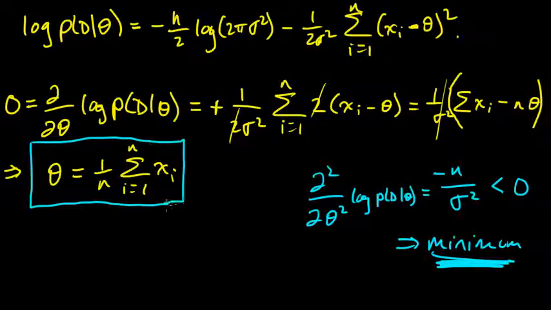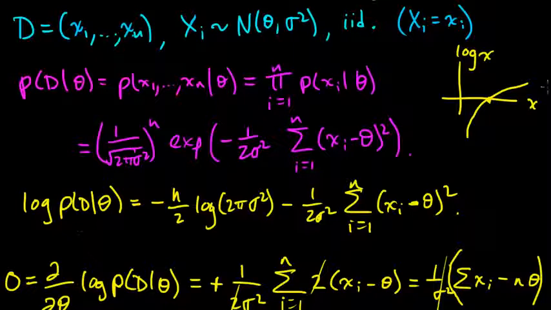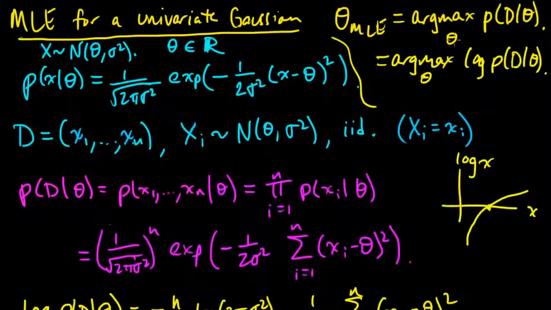And we call this maximum, right? That was the definition of the MLE. So let's go ahead and label it what it is. This is theta MLE. It's the maximum likelihood estimate of theta because it's maximizing this log likelihood, which is the same as maximizing the likelihood, and that was what the MLE was.